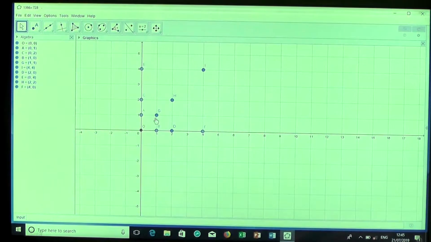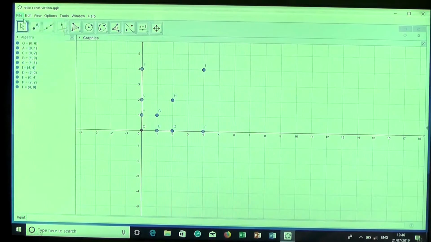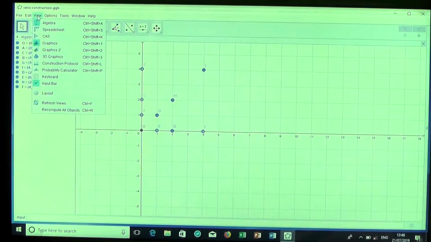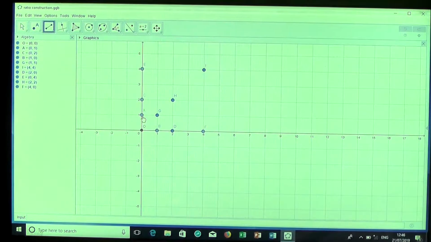I have plotted all these points, all these 8 points. Okay. Now what I am doing now here, I have to draw the segments.